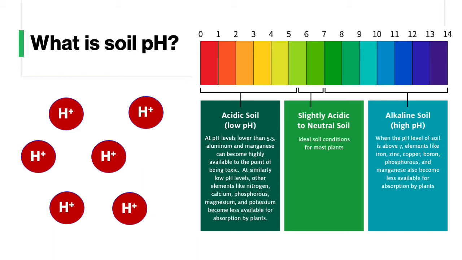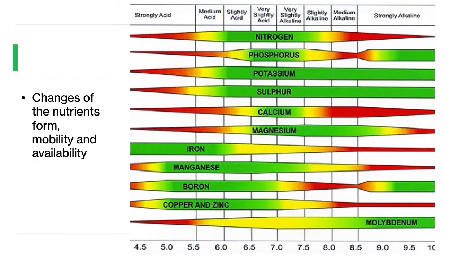So why is pH very important? One of the importances of soil pH is that it affects nutrient availability. When we discuss nutrient availability, it means it will affect the nutrient form. So directly it will affect nutrient mobility and also nutrient availability. What does it mean?